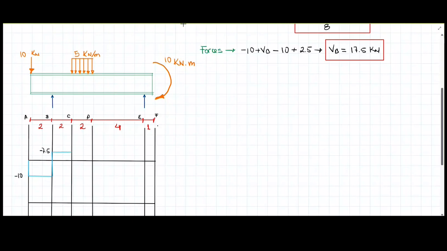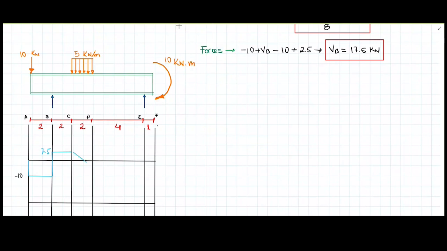until it reaches where the distributed force starts. And we know that when we find a distributed force, what this is going to do is bring everything down. So it's 5 times 2. We are talking about 10 kilonewtons minus 7.5. So it has to reach minus 2.5. This is an error here. 7.5.